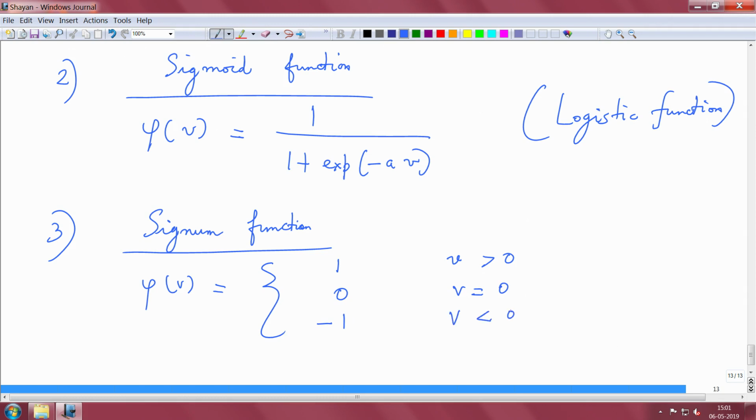So this is another form of activation, but this is still a hard function, like the Heaviside function, except that it is plus 1 and minus 1, not a 1 and a 0. The sigmoid is a smoother function.